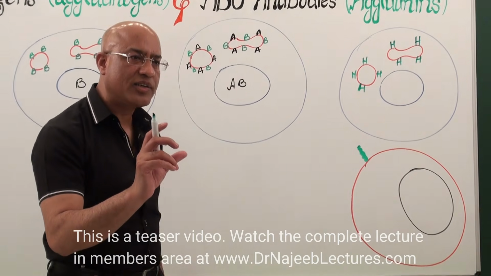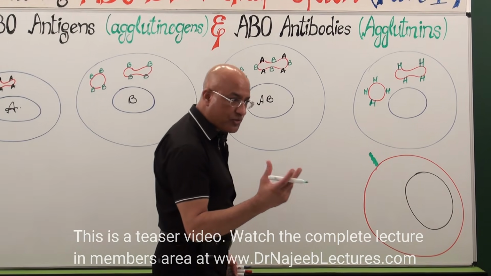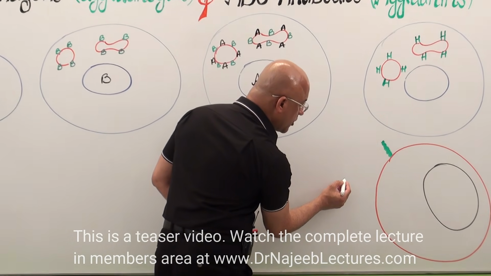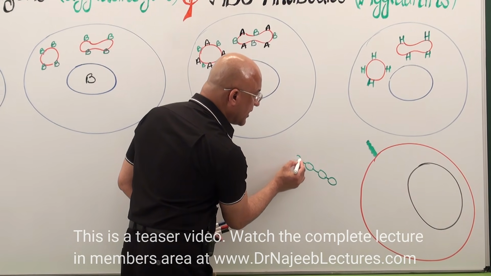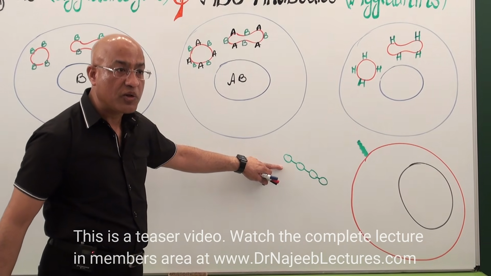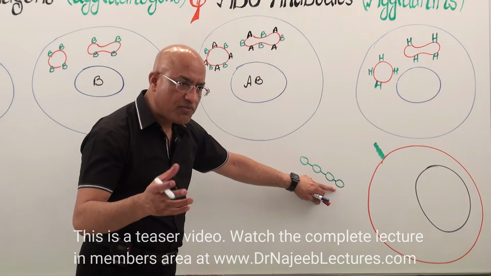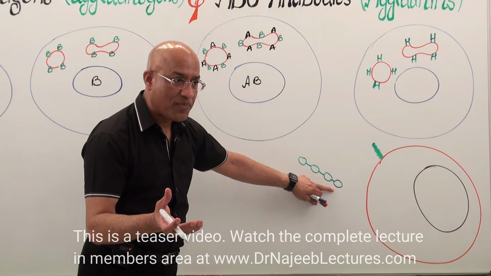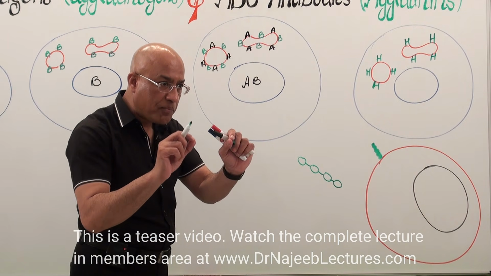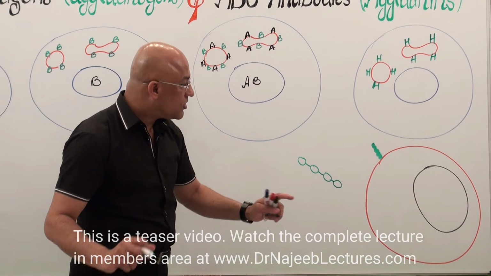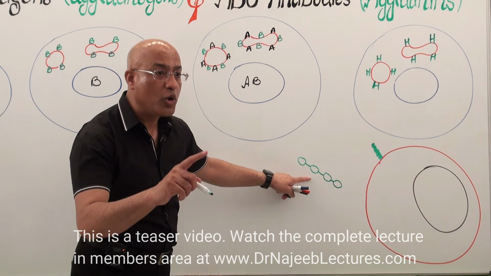Oligosaccharides are short chains of monosaccharides, of simple sugars. For example, this is an oligosaccharide. There's one sugar, then another sugar, then another sugar, and then another. What is this? Monosaccharide. When somewhere between 2 to 10 monosaccharides are made into a chain, this chain is called an oligosaccharide.